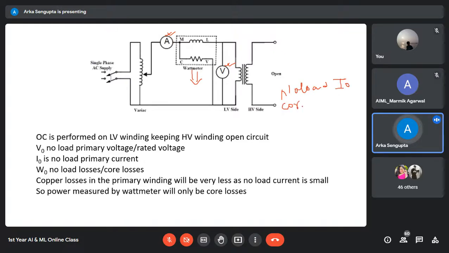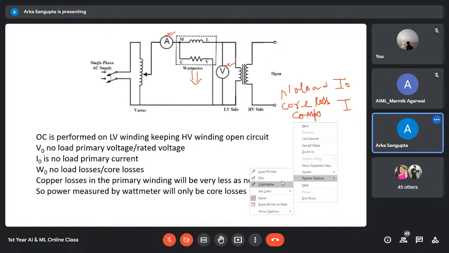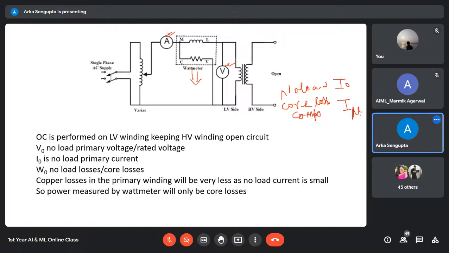Then the core loss component of current, that is I E or I mu, whatever it can be written as. And the third one is the magnetizing component of current, which is I M. So how can we find this out?